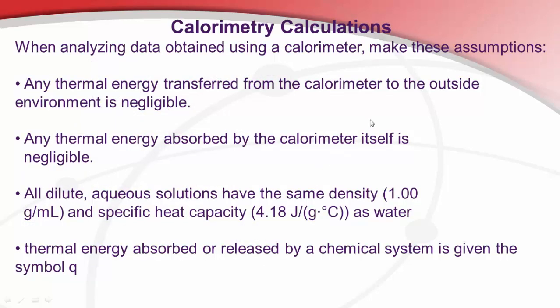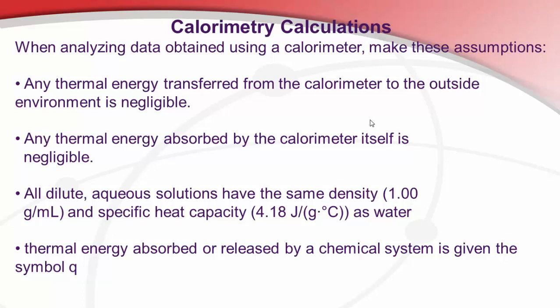We will need to make some assumptions when we're using a calorimeter. So when you're doing it, assume that energy transferred from the calorimeter to the outside environment is negligible. In other words, that it's an isolated system. Assume that the thermal energy absorbed by the calorimeter itself is negligible. Now this is an interesting one.